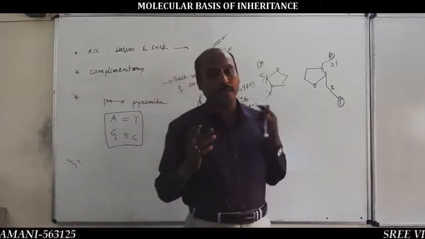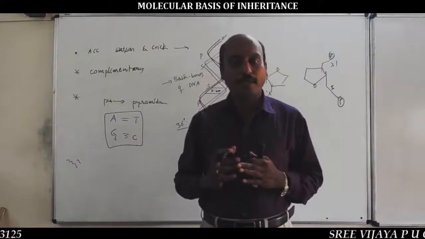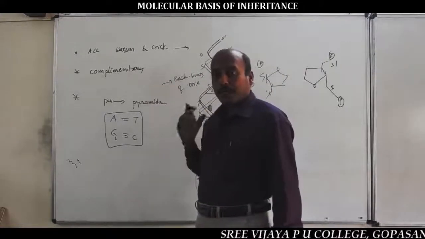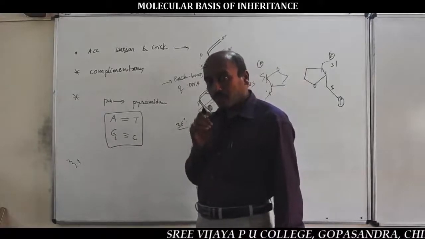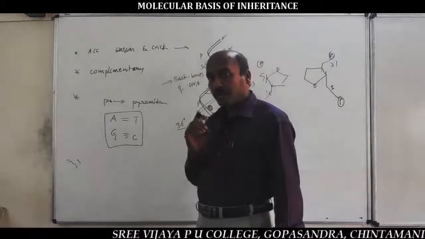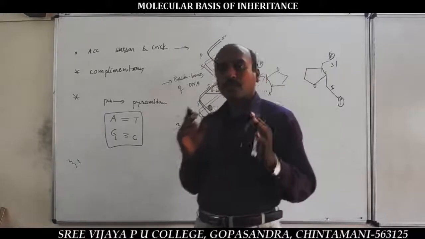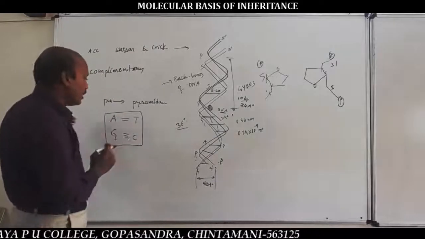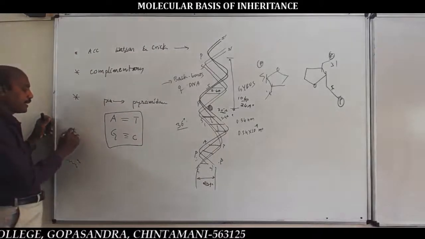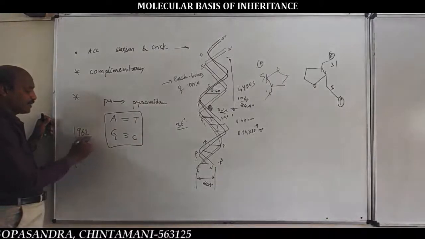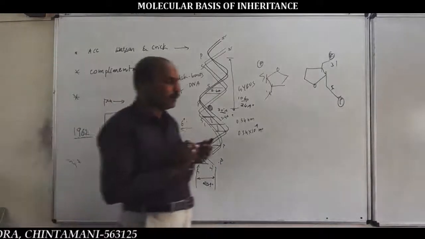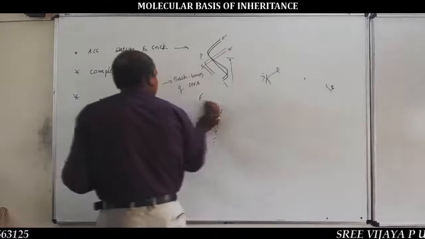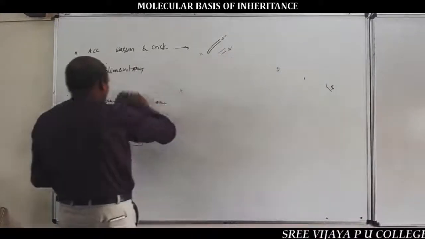This pattern of DNA is called the duplex model, the double helical model of DNA, proposed by Watson and Crick, based on the evidence of Wilkins and Franklin's crystallographic pictures. For this contribution, they were all awarded the Nobel Prize in 1962. These are all the salient features of double-stranded DNA. That was the last class topic.